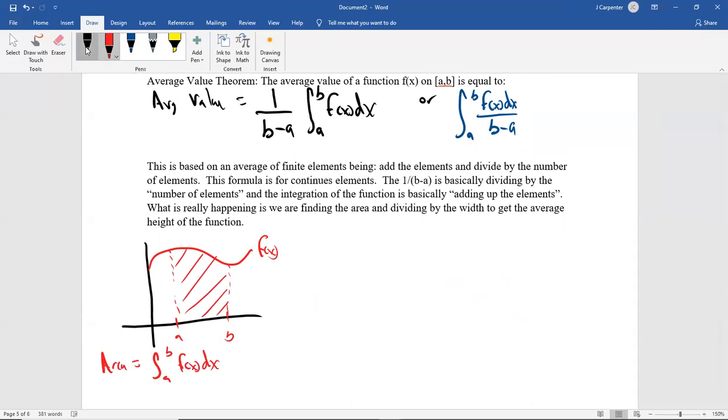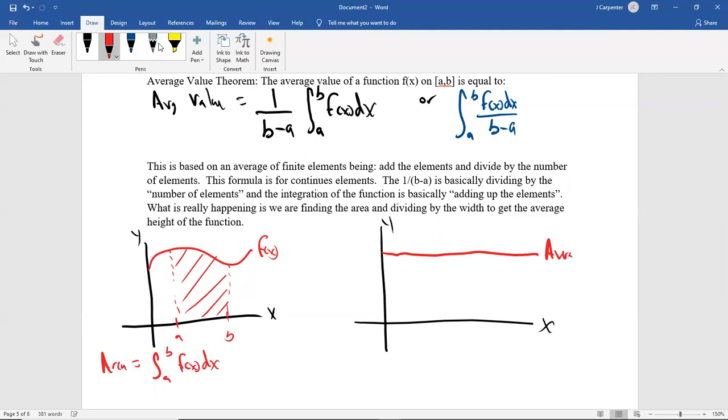Now, let's make a new picture. And let's have this line be the average height of f of x.